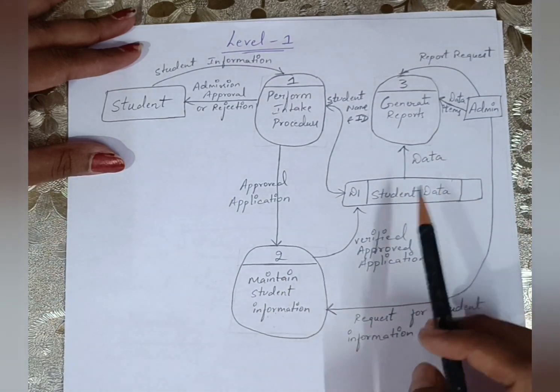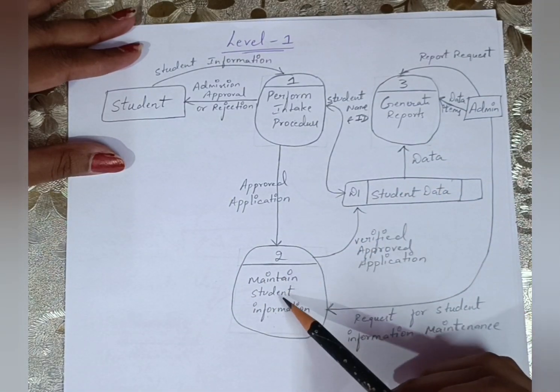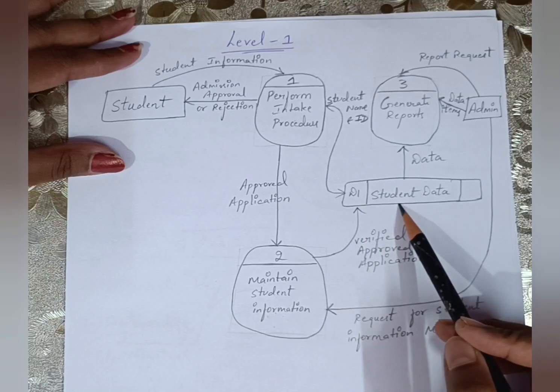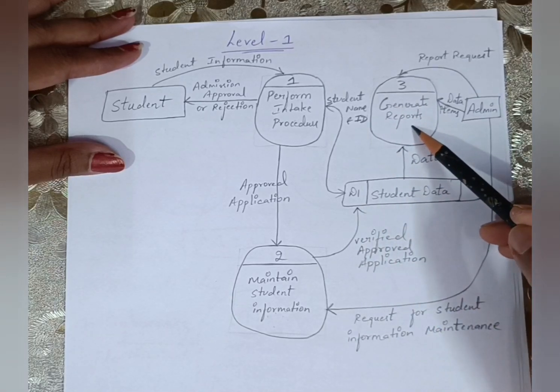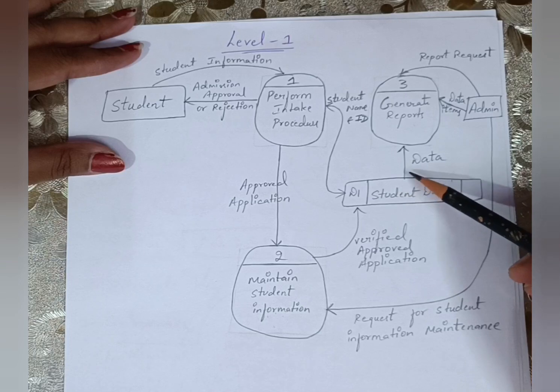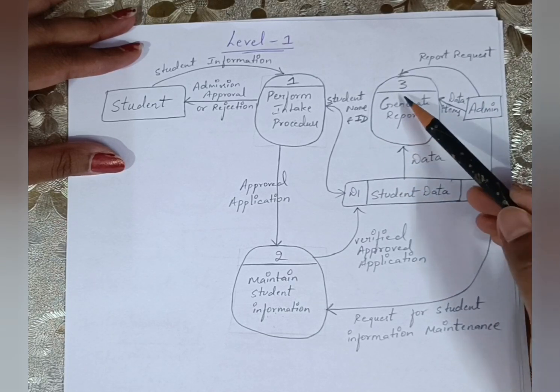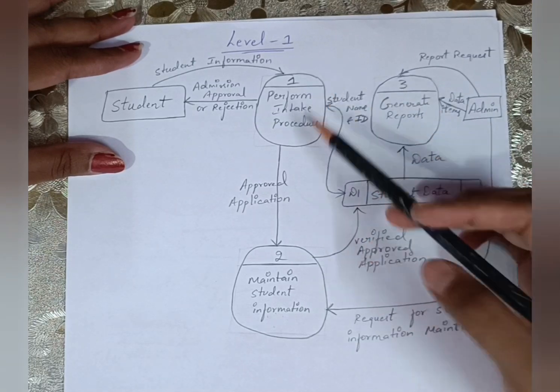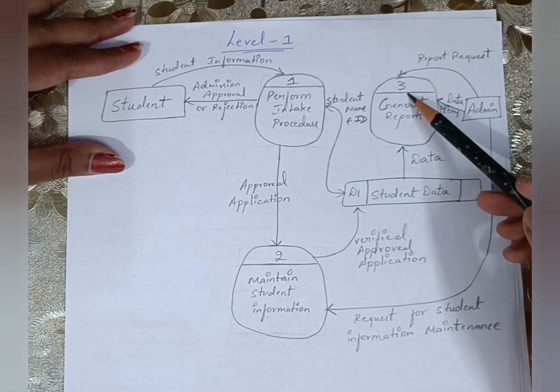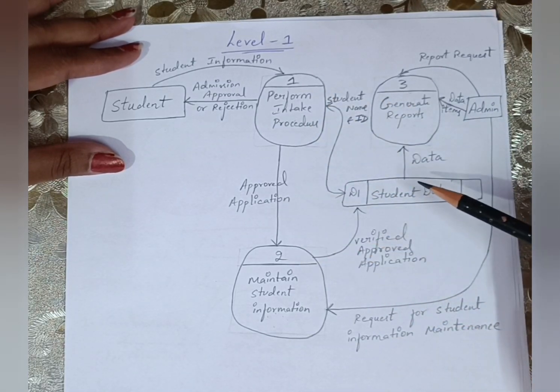Based on this, the data will be stored, and from this part the reports will be generated, which is the third process here. First, second, third process, so these are the steps we are following.